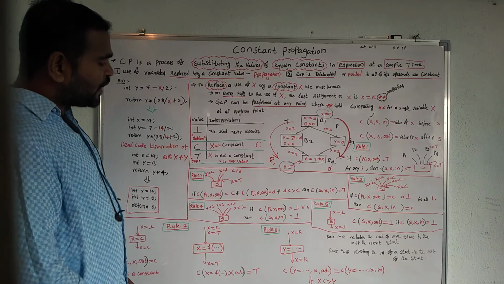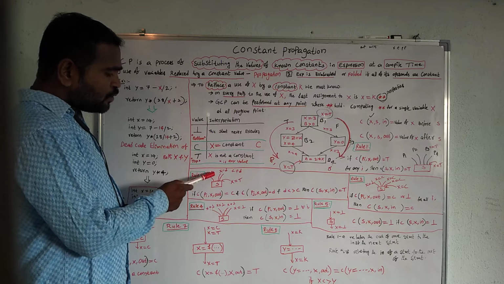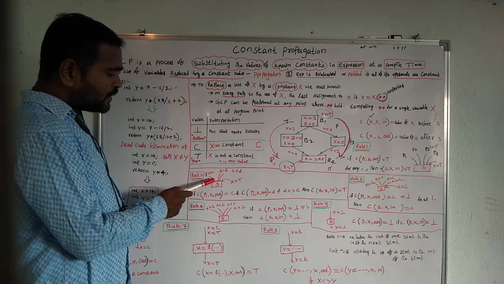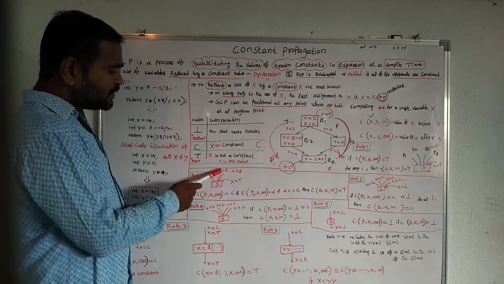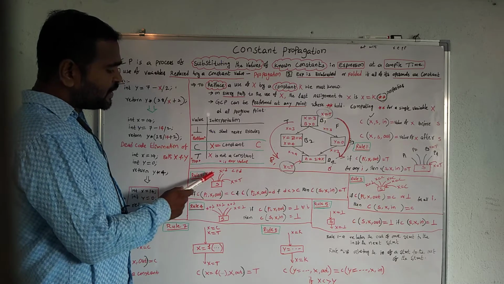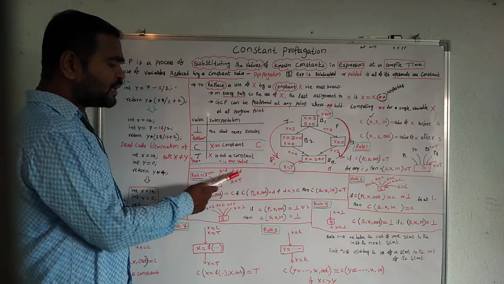So in this case, what happens here? x is equal to c in one path, and x is equal to d in another path. These are the two predecessor statements, and c and d are both not equal.